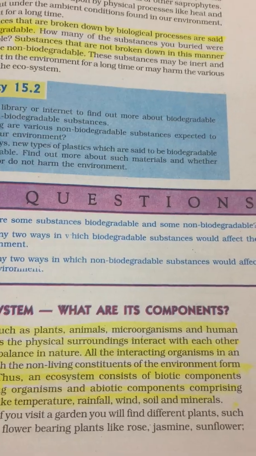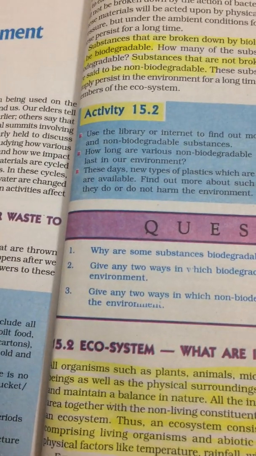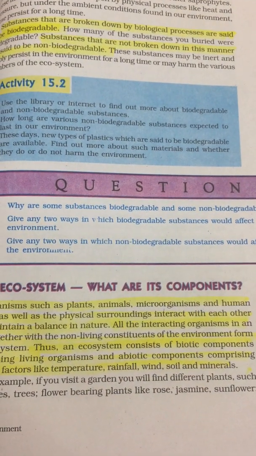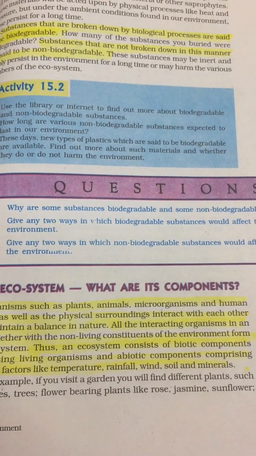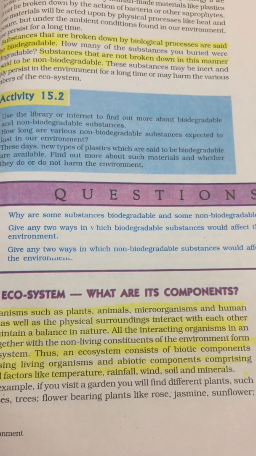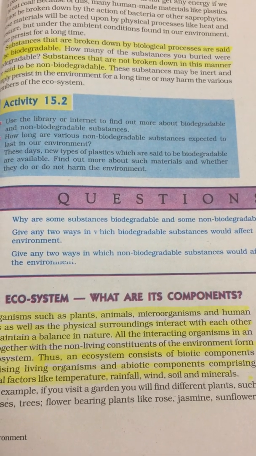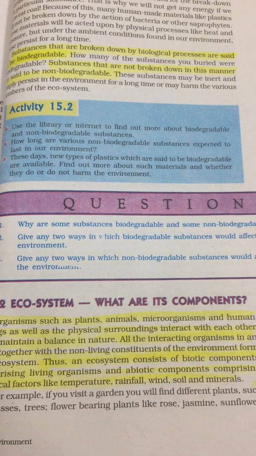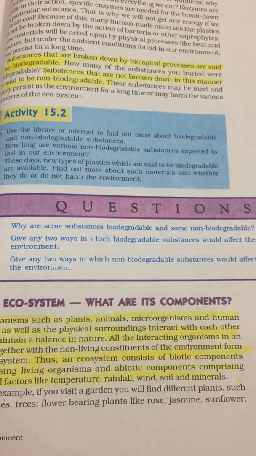Next is ecosystem. All organisms such as plants, animals, microorganisms and human beings, as well as the physical surroundings, interact with each other and maintain a balance in nature. So, all the interacting organisms in an area together with the non-living constituents of the environment form an ecosystem. What is an ecosystem?